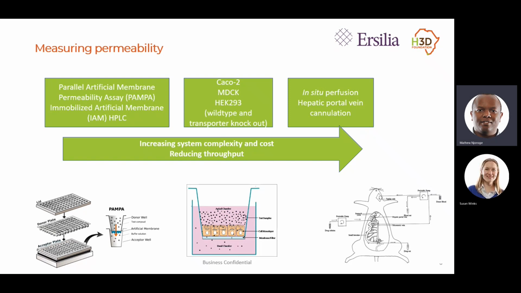Okay. So the method we use to measure the compound passage is just LCMS. If you can picture this, I think I removed the picture from here, but if we use this as an example, we are adding the compound to the top part of the compartment. We have a membrane in between, and we are measuring the amount of compound that makes it through into this buffer.